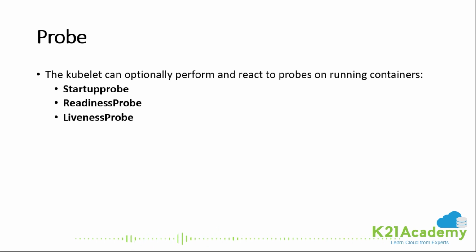Only if this file is present out there, that means this application is now ready to accept the traffic. And then you go add this pod to the service endpoint and send traffic to it. I'm making use of an example of readiness probe, which will tell you if your application is ready to accept traffic or not, whether the endpoint of this can be taken and added to your service's endpoint is what readiness probe does.